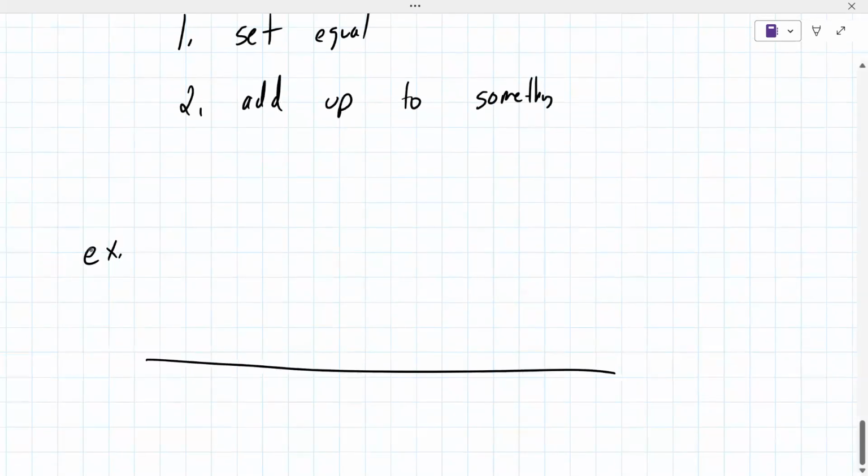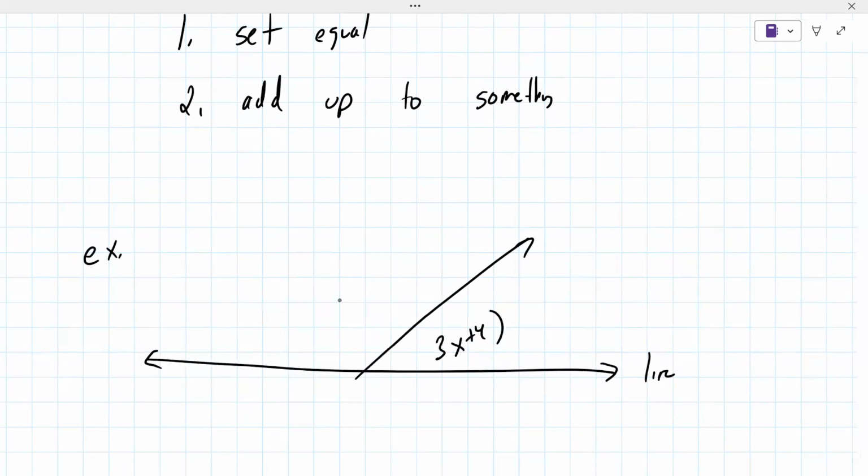Example. This is a line. This angle on the right and this angle on the left, they form a linear pair. Now this is not to scale, but call this 3x plus 4, and then this one is 2x plus 16. So these two angles make a linear pair.